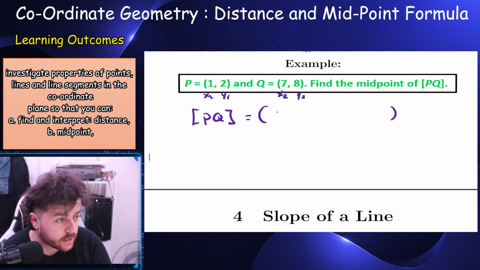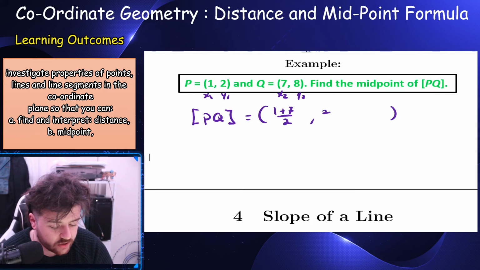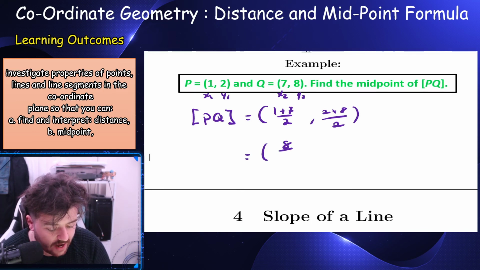So x1 plus x2 all over 2 is 1 plus 7 all over 2, that's my x coordinate. And then I have 2 plus 8 all over 2, that's my y coordinate. So I have 8 over 2, 10 over 2, which is equal to (4, 5).